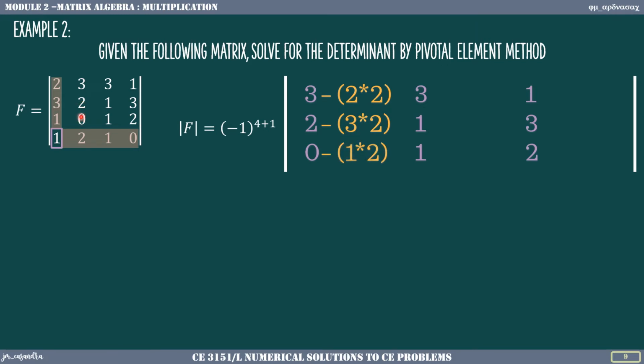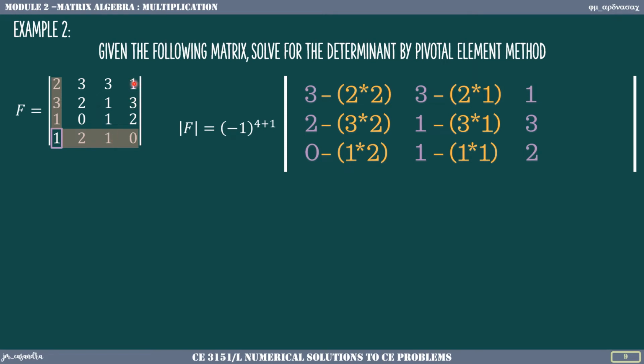For this element, we have minus 1 times 2. So for our second column, we have minus 3 or 2 times 1. Next, for this element, we will have 3 times 1. Then for this element, we'll have minus 1 times 1.